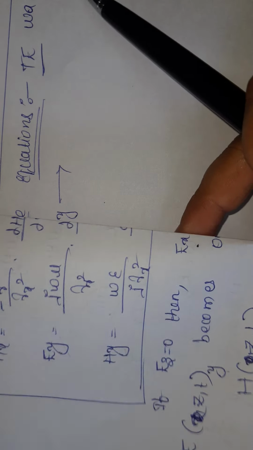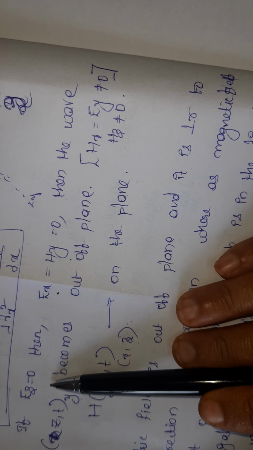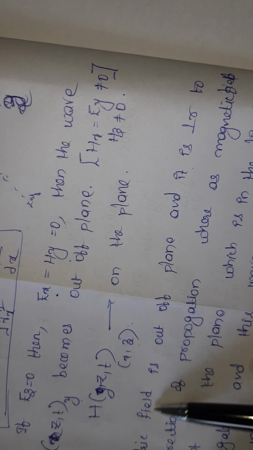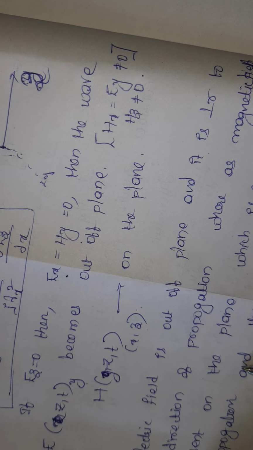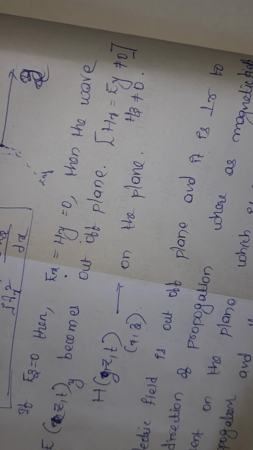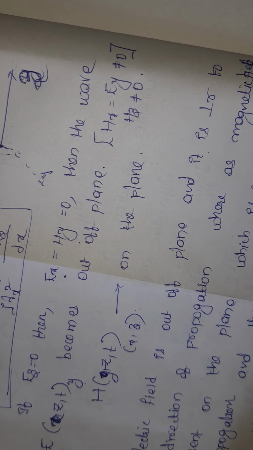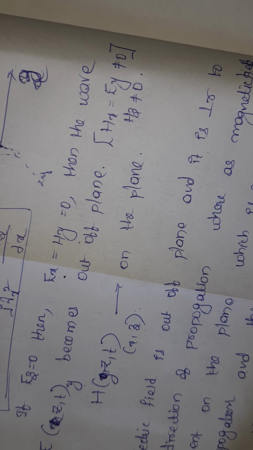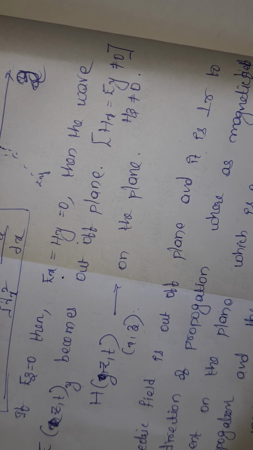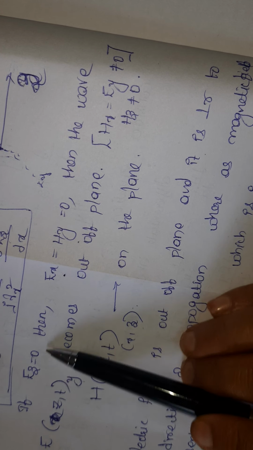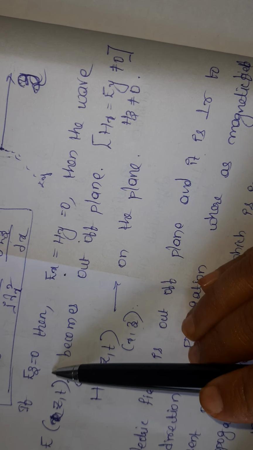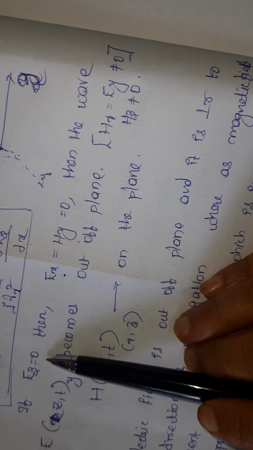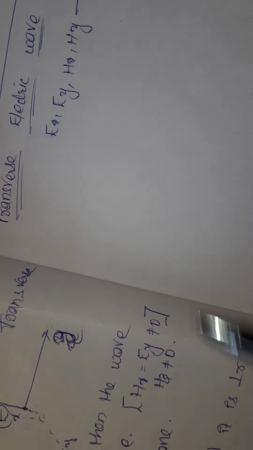Then the mode is known as transverse electric mode, TE mode, or it is also known as an H wave. So in TE mode Ez equal to 0. In TM mode you have to substitute Hz equal to 0. These are what we discussed in the last session.